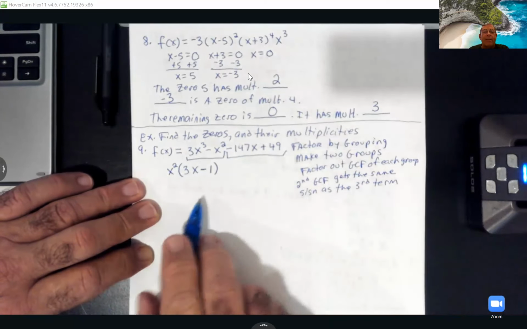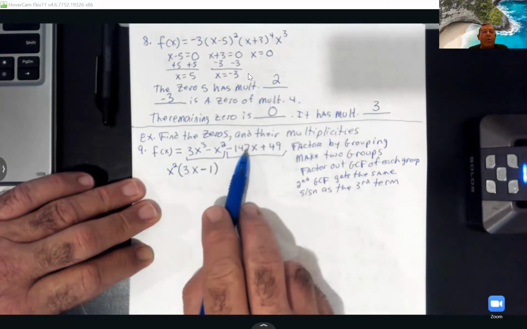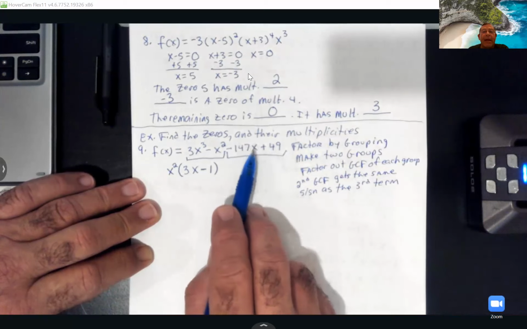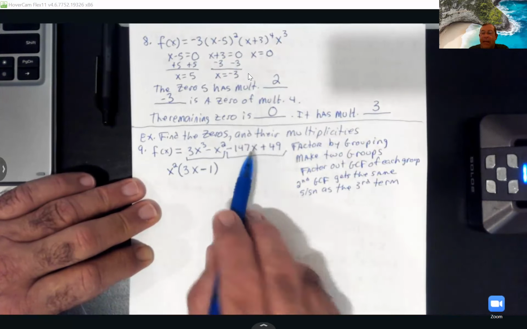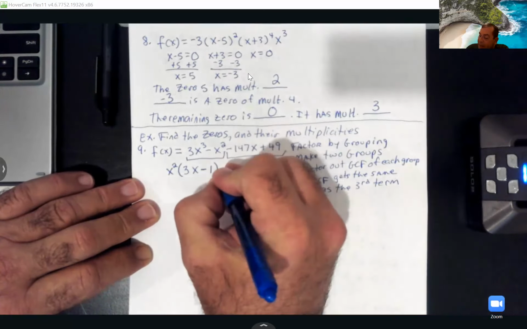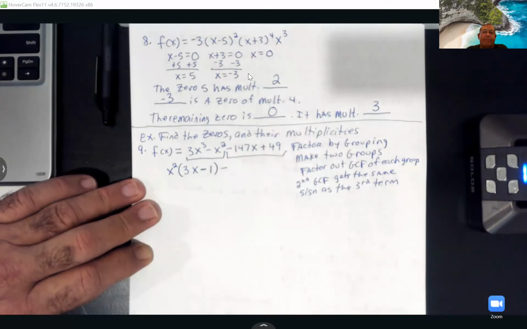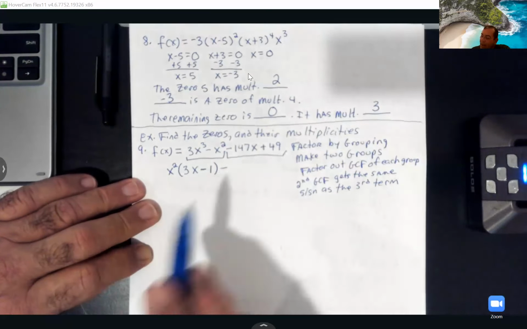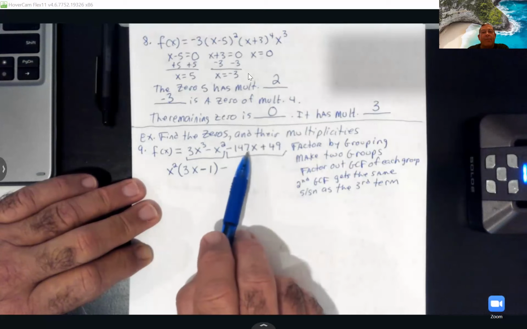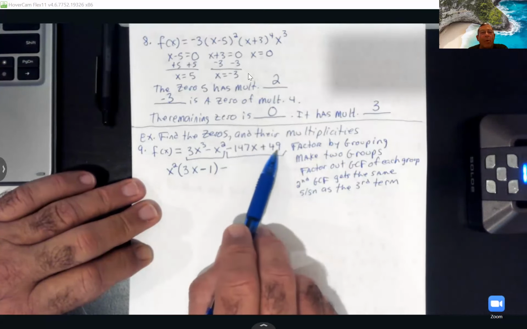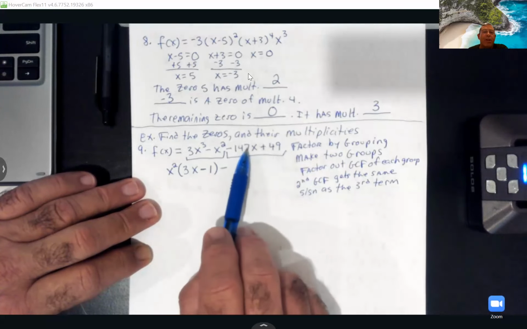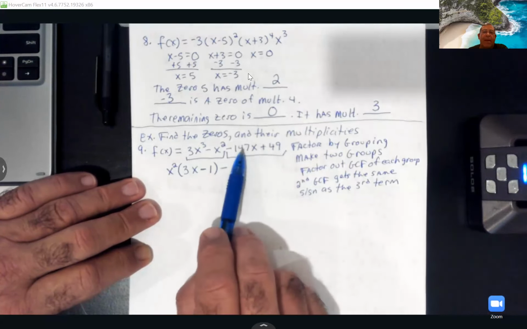So what that means, the third term is that negative 147x. That means the second GCF will at least be a negative something. So 147 and 49. This time it's going to be a number that's the greatest common factor.